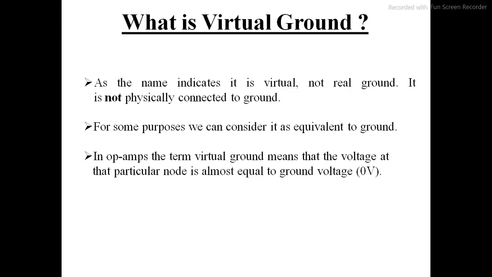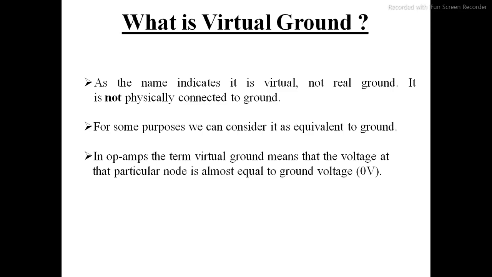Now, before analyzing the other circuits, we should first know what the virtual ground is, because this is a concept used exclusively for the analysis, and it makes the analysis very simple. As the name indicates, it is a virtual ground, meaning it is not really connected to ground, but it only fulfills the condition of the ground.